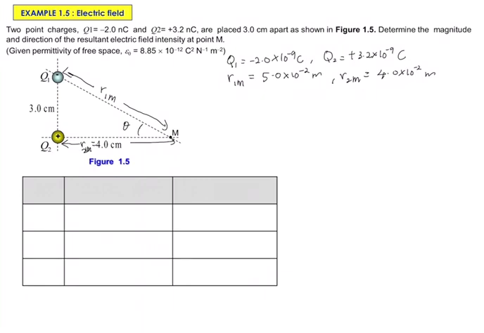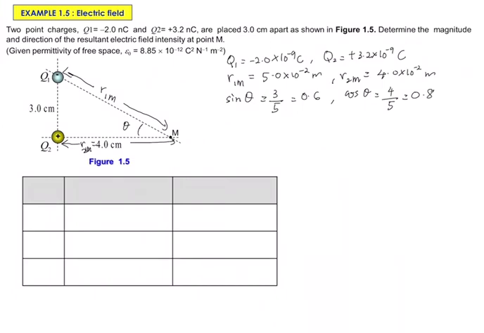Sine theta is 3 over 5, so sine theta is 0.6, while cos theta is 4 over 5, which is 0.8.